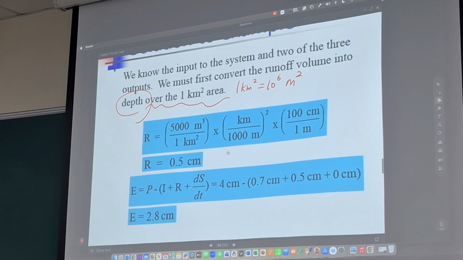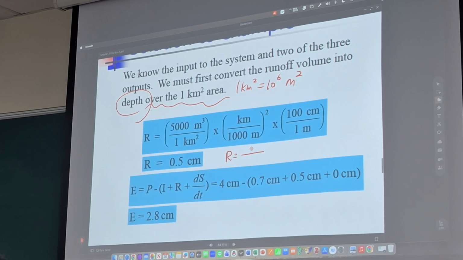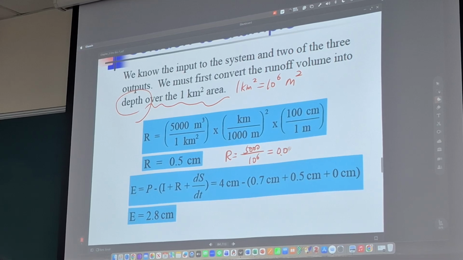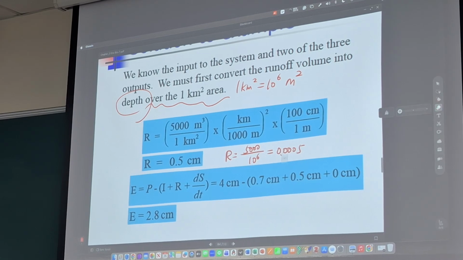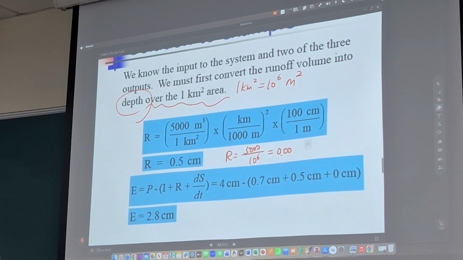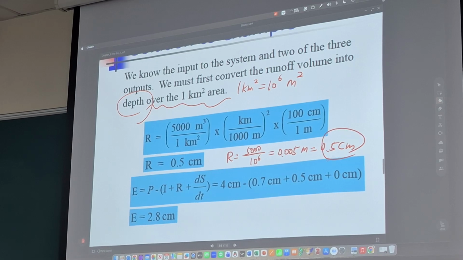So to make it easier, R equals 5,000 over 10 to the power of 6. So this equals 0.005 meters. This equals 0.5 centimeter.